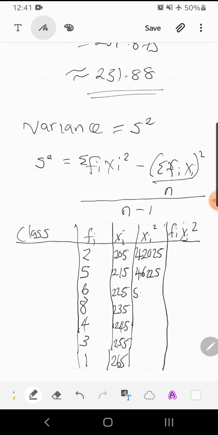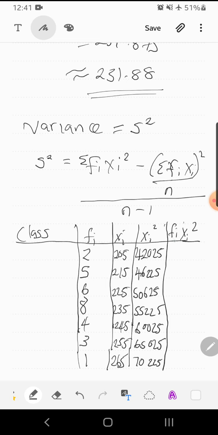Then we have 50625, 55225, 60025, 65025, 70225. Okay, so those are the values when we square the midpoints.